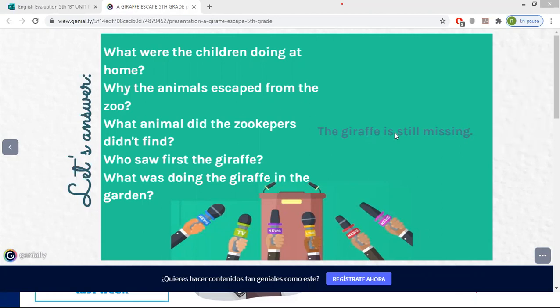Good. Next question. Who, remember what is who? Who first sees the giraffe? Let's see. Byron, please. Look at picture 2, Byron. Is the information there?